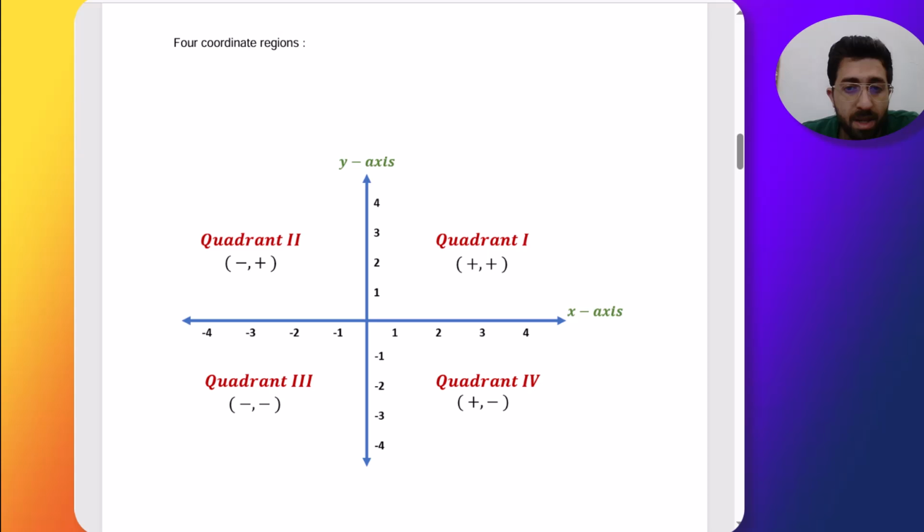Next article is about coordinate regions. The coordinate plane has four areas called quadrants. As we can see, these areas are numbered counterclockwise: first, second, third, fourth.